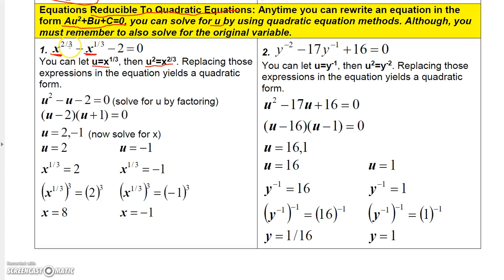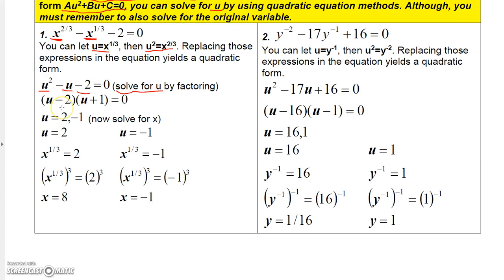So you can replace x to the 2/3 with u squared. You can replace x to the 1/3 with u, and then you just keep your minus 2 equals 0, and then you can solve for u by factoring usually. Now you might have to use the quadratic formula sometimes, but here we're going to solve by factoring.